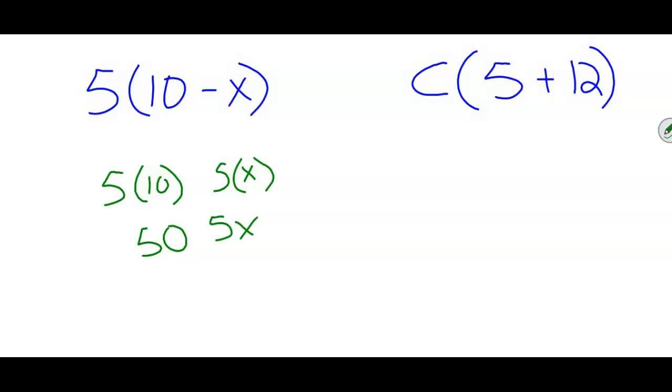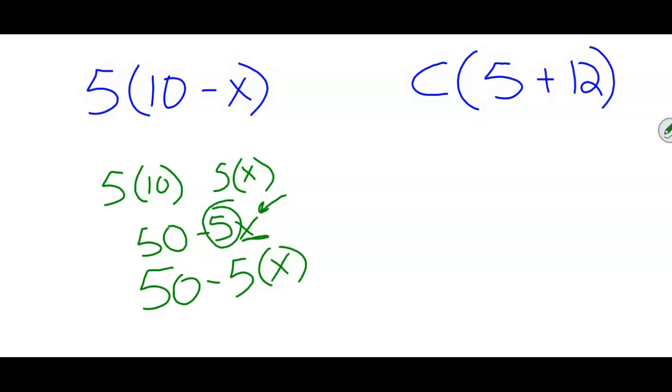Is there anything that goes in between 50 and 5x? This would be the most common way that you will see this written. If you wrote 50 minus 5 parentheses x, this is not wrong. You will always see it written as a 5 and an x because this is the variable.